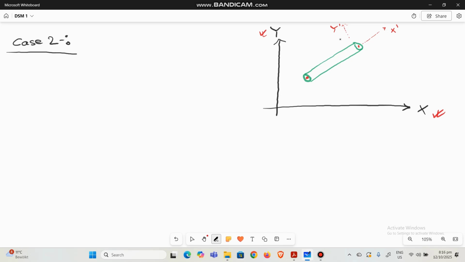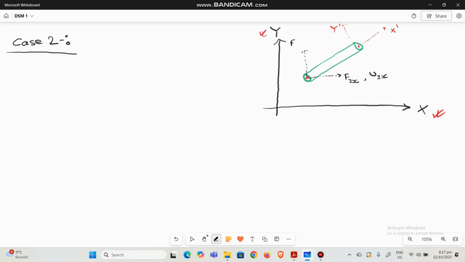In global coordinates, in this direction you have force 1 along x direction, and I'm not going to put dash over here because it is the global coordinate system. And along this direction, you have displacement u1x, right? Similarly, you will have the same kind of things in y direction as well.